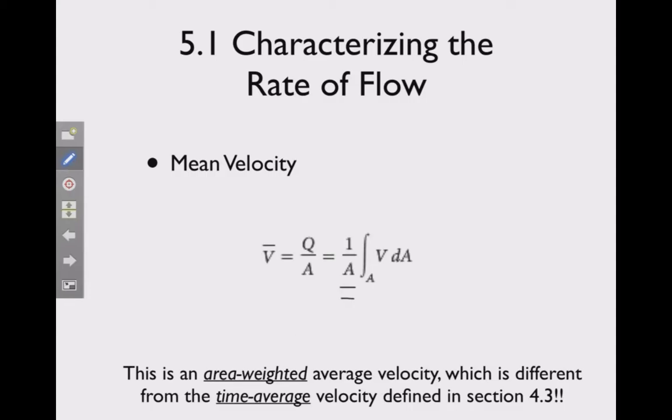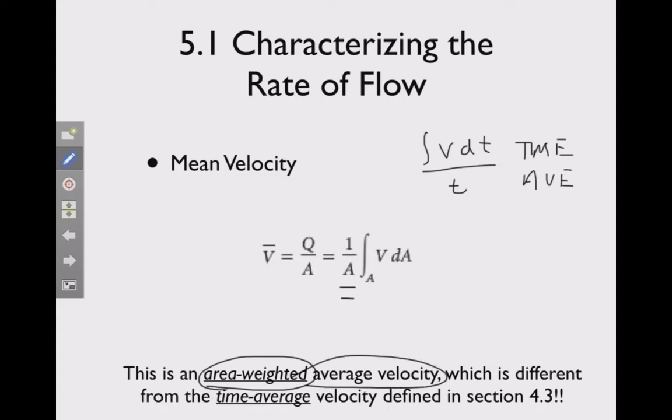So instead of taking the integral of the velocity with respect to time and dividing by time, which gives us a time average, this is an area weighted average velocity, because we're integrating over area and then dividing by the total area, 1 over A. So this is an area weighted mean velocity, and this is sometimes used when trying to understand volume flow rates.